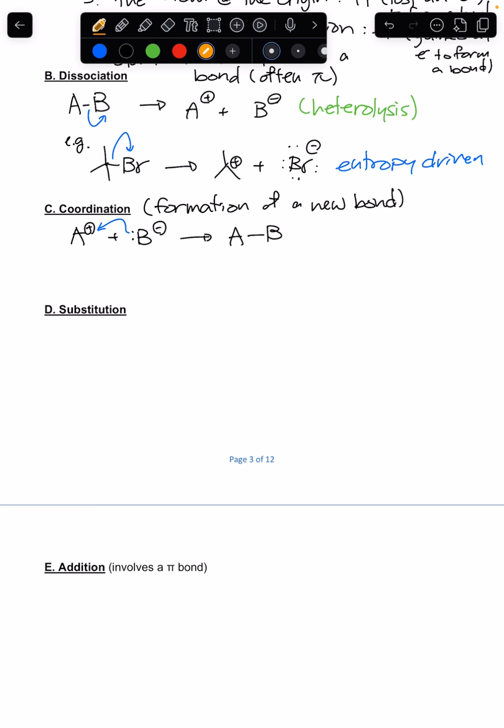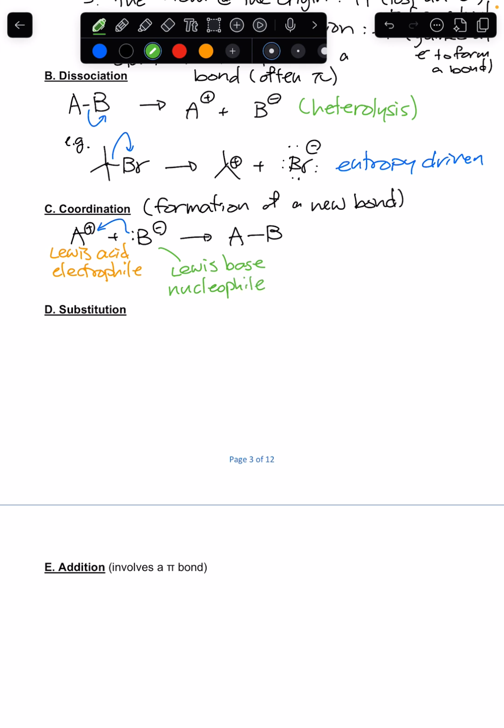In this case, we might say this is a Lewis acid. A is an example of a Lewis acid, and it's electrophilic. And B is an example of a Lewis base, and it's nucleophilic.